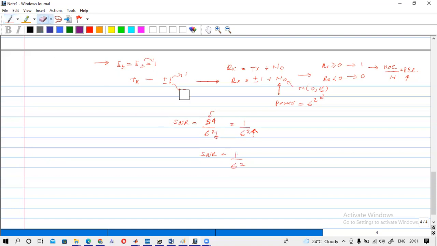So SNR dB is equal to 10 log 10 of 1 by sigma square. So this is my SNR dB value. If I change this sigma, I am changing this SNR dB value.